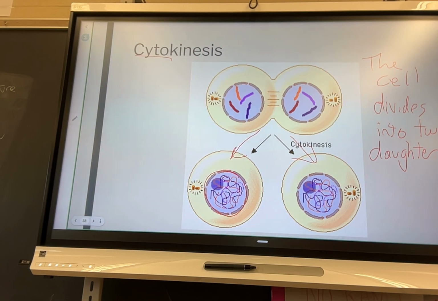What are the first 4 letters? PMAT. Everyone say it? PMAT. P-M-A-T. Prophase, metaphase, anaphase, telophase. And then you just have to remember cytokinesis. So you could say PMATIC, but PMAT. That is how I have remembered this for many, many, many years.